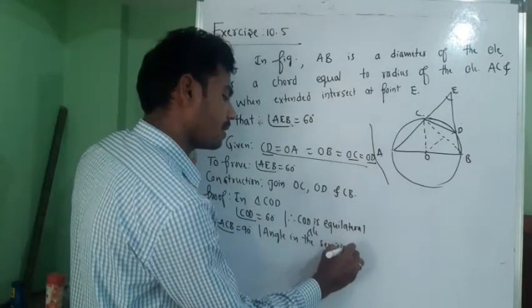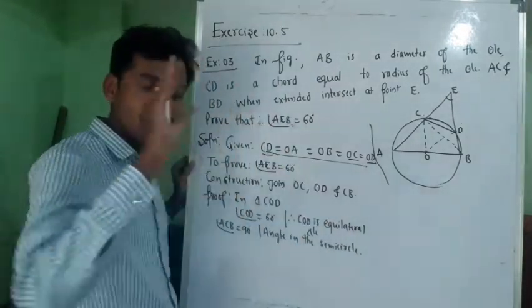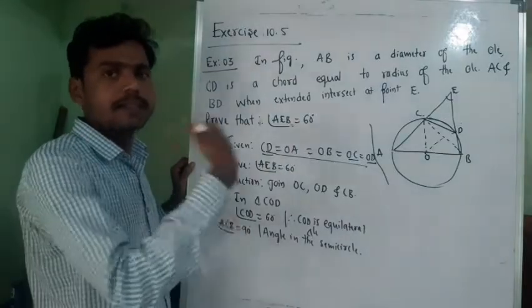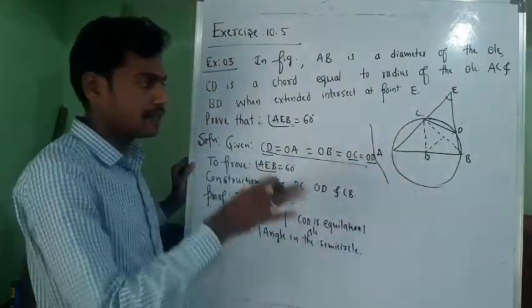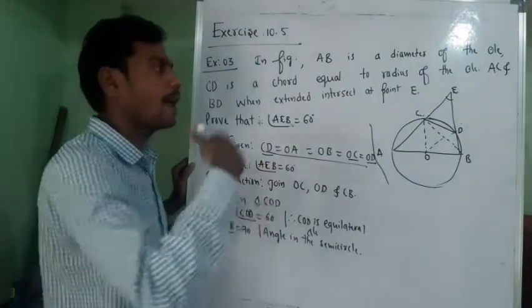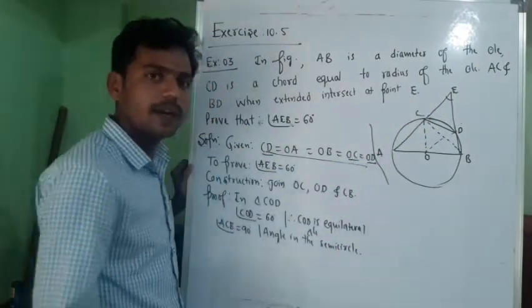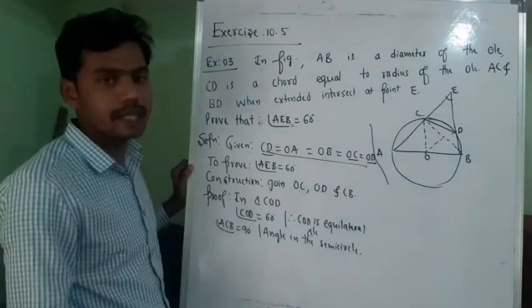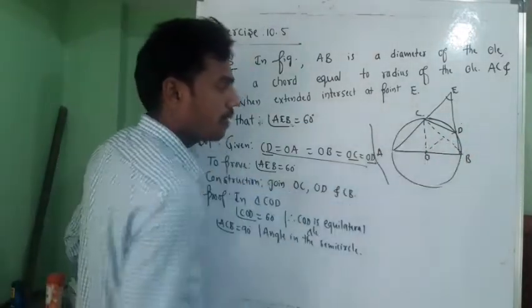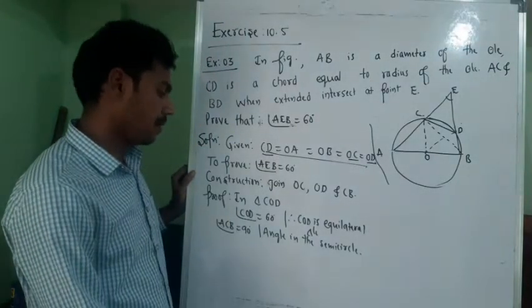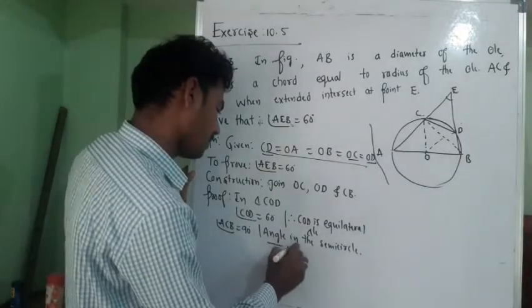If the arc is a semicircle, the angle formed by it at any point on the circle will be 90 degrees. In the previous theorem we have studied that one. So that is the reason angle ACB will be equal to 90 degrees. Okay, so I'll call it equation 1.